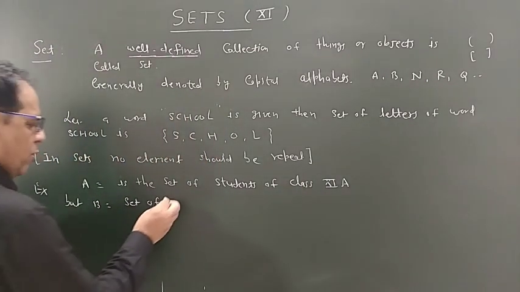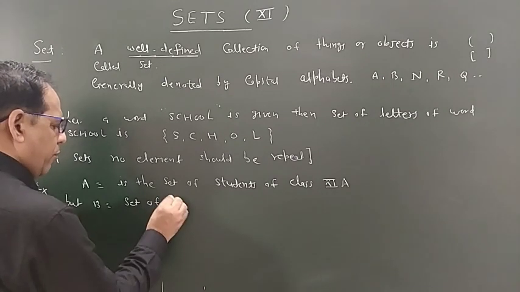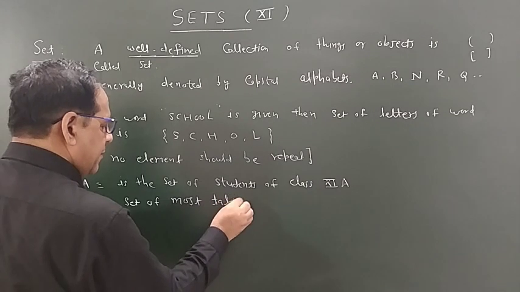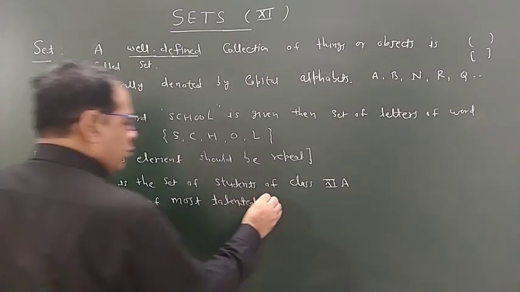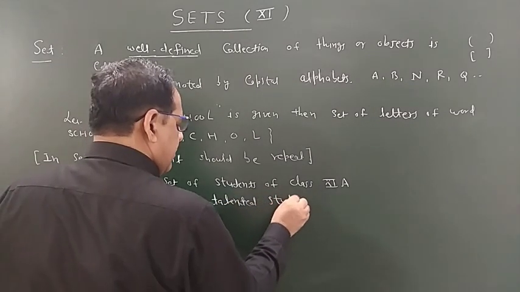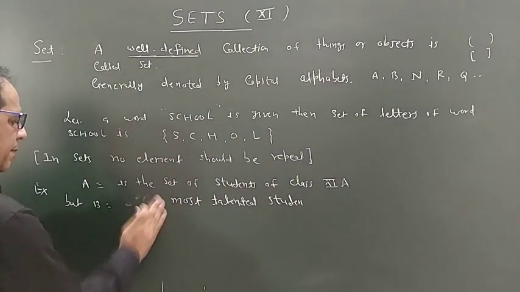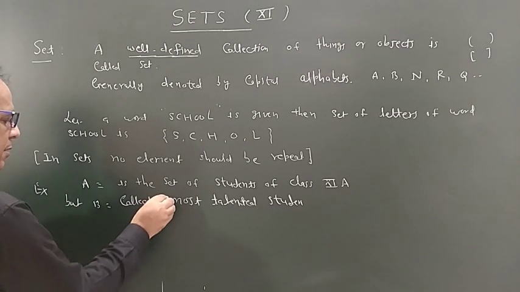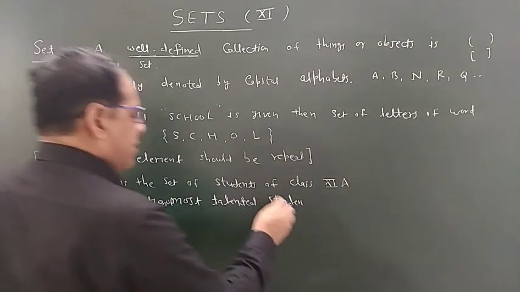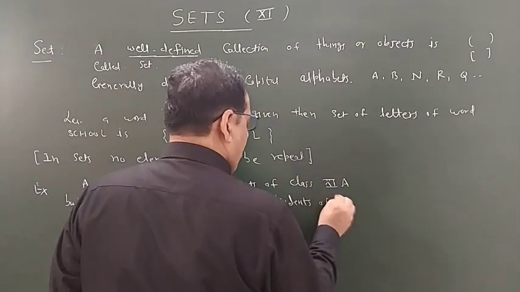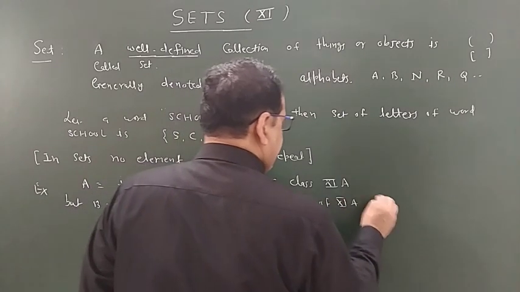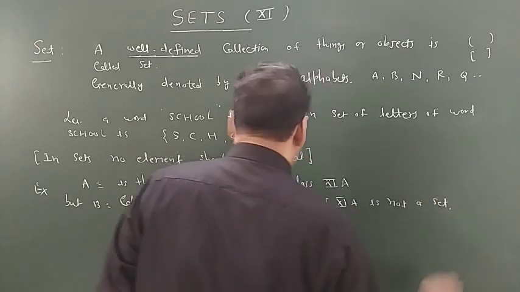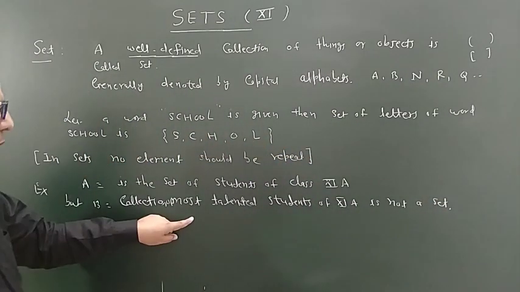But B, set of talented or most talented students. The collection of most talented students of 11th grade is not a set, because this collection is not well defined.